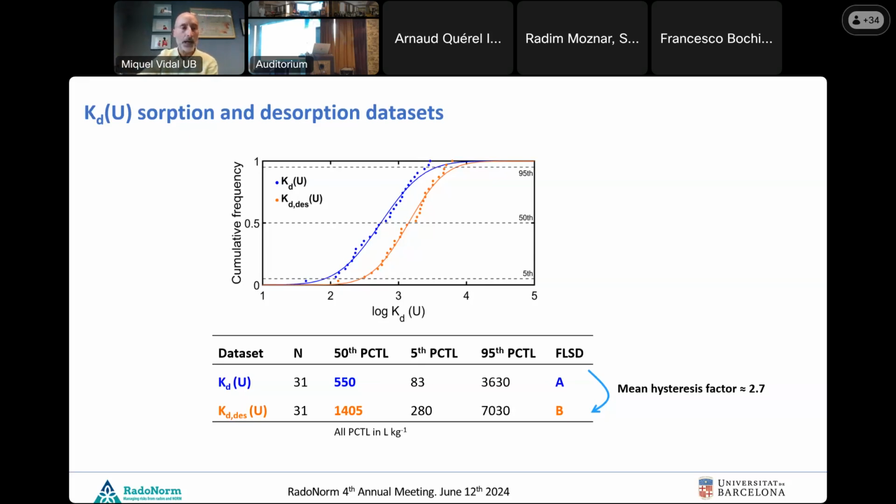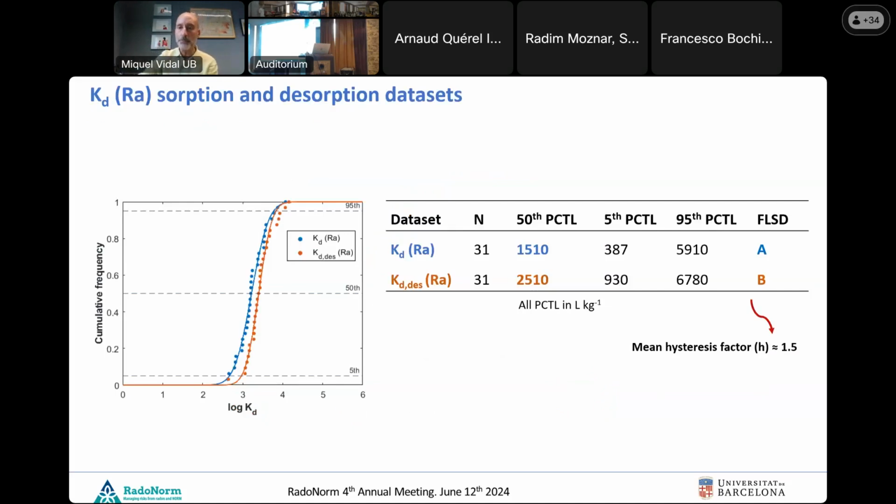A similar approach can be followed for radium. In that case, the values are a little bit higher, and we have around 1,500 for sorption data and around 2,500 as a 50th percentile for desorption data. Again, those two populations were significantly different, and we have a hysteresis factor of around 1.5.